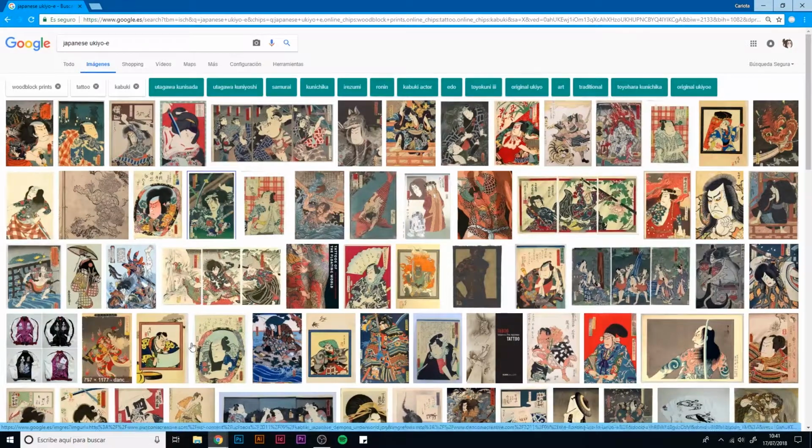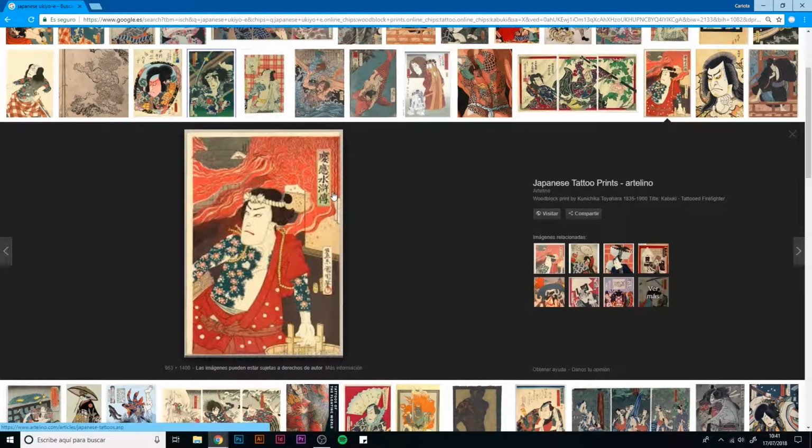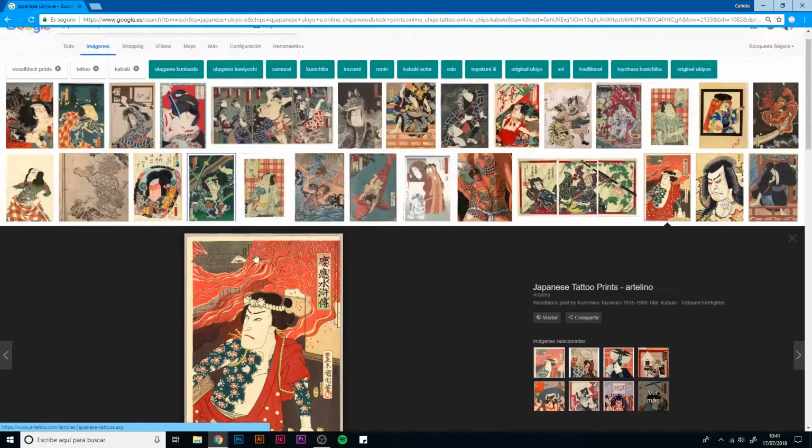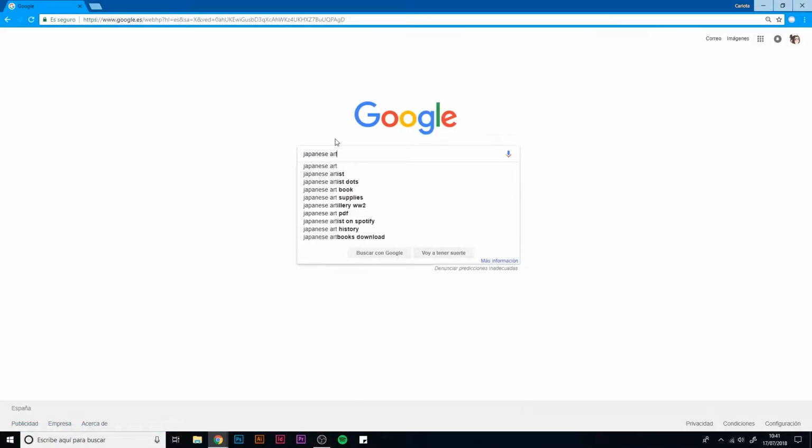Each of them presents some particular characteristics, especially regarding the drawing technique. For example, this one, those black strokes, which are quite striking, right? Details are also very important in this style.